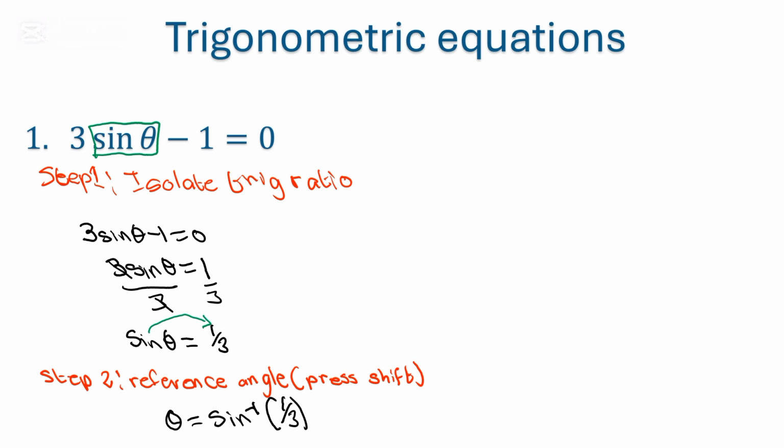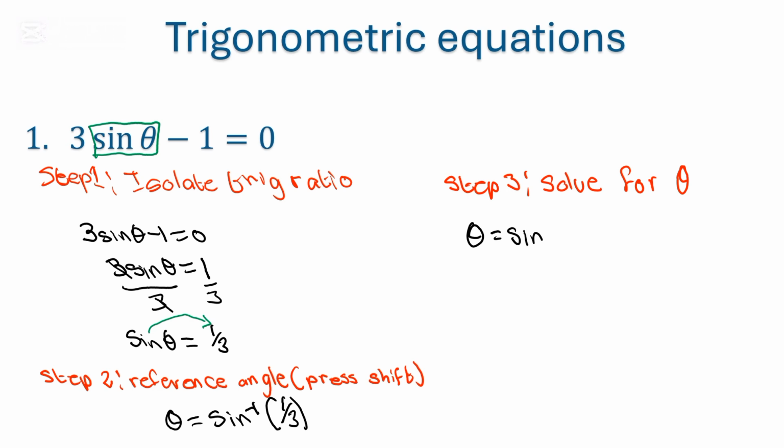Then you use your calculator to get the answer, and that is step 3. In step 3, you are just solving for theta. You just hit it with the calculator and you will discover your answer.